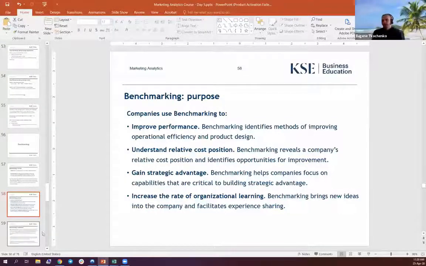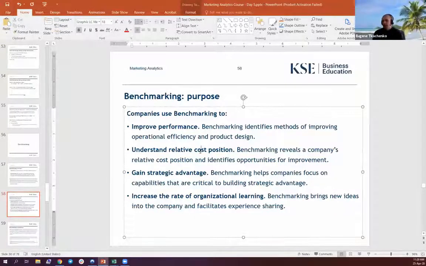Understanding and asking these questions may give you strategic advantage. You may start seeing improvements ahead of time, before, for example, a new benchmark report is released or a new research paper is published. Any sort of benchmarking measurement framework in place in your or any other company would increase the rate of organizational learning.